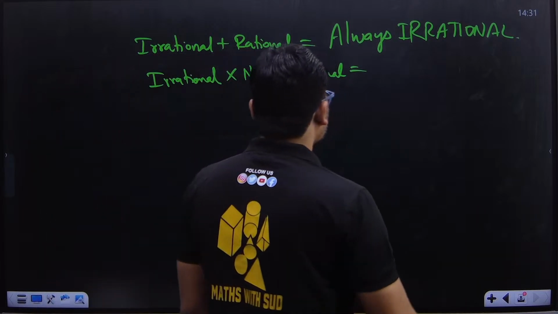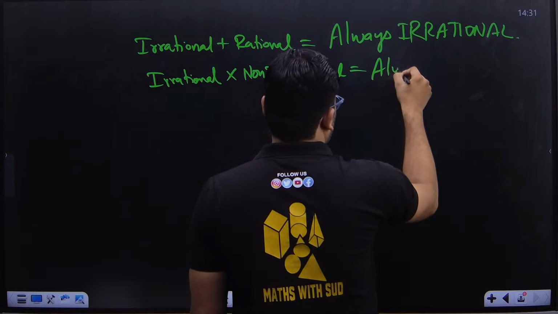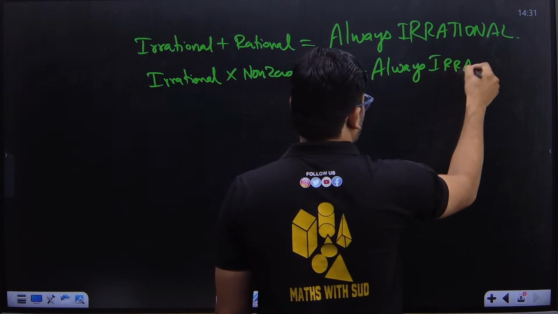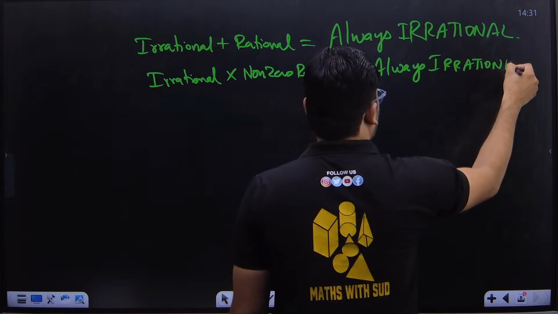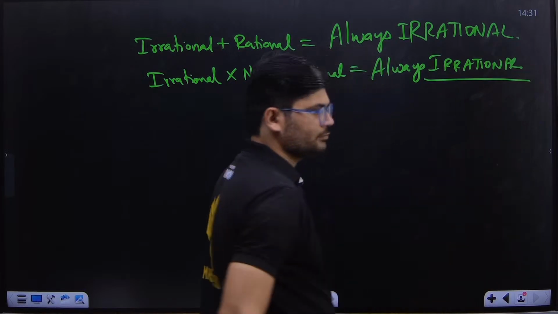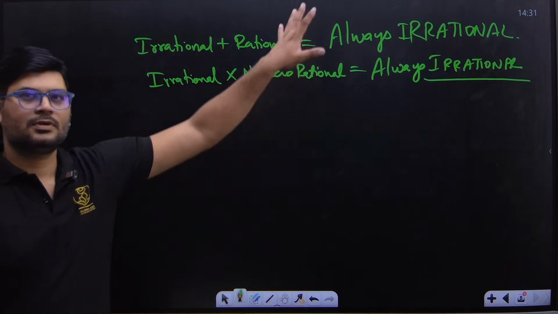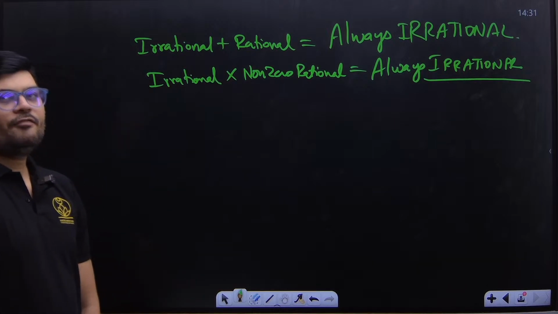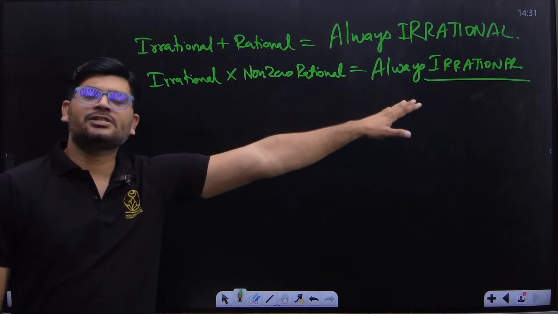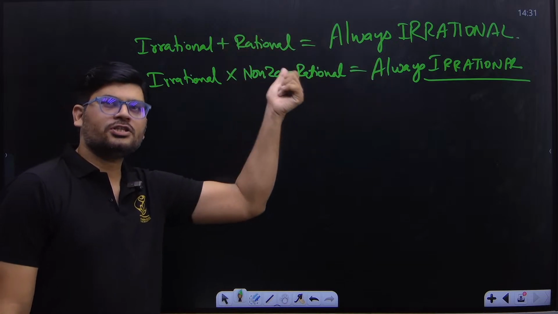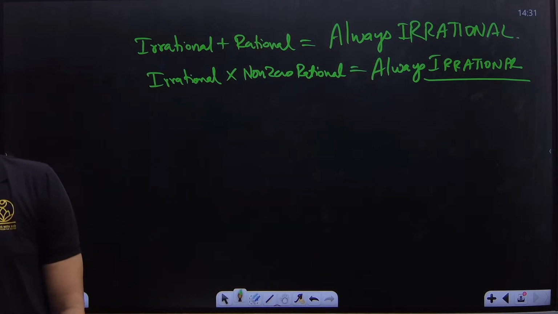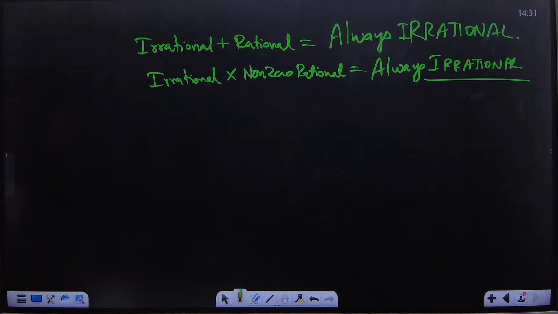You will always get an irrational number. Any doubt? Please write down. If I include 0, then it can be rational or irrational both. But if I include non-zero rational, then it is always irrational. Same goes with the division as well.